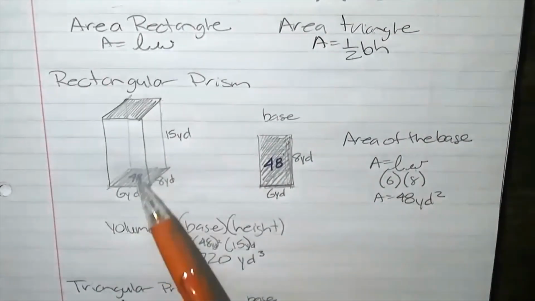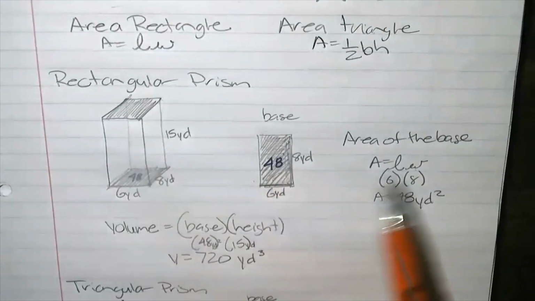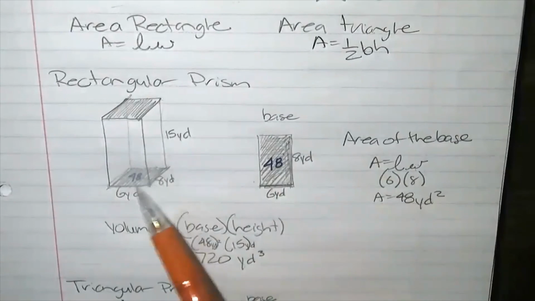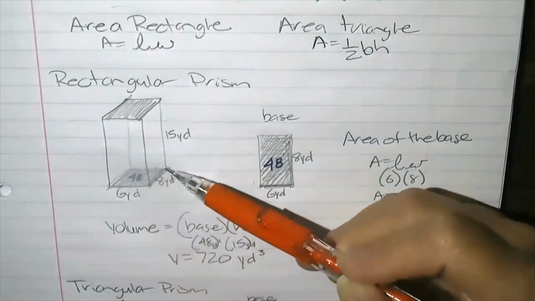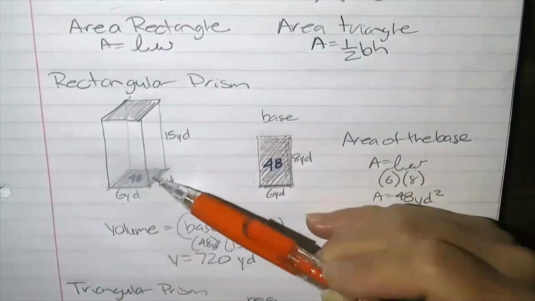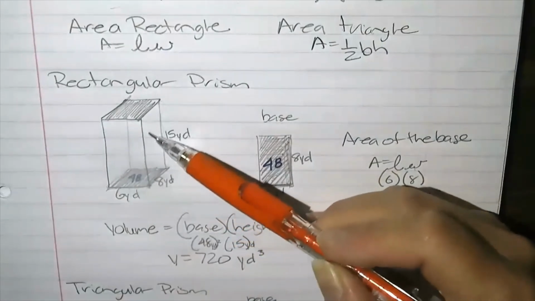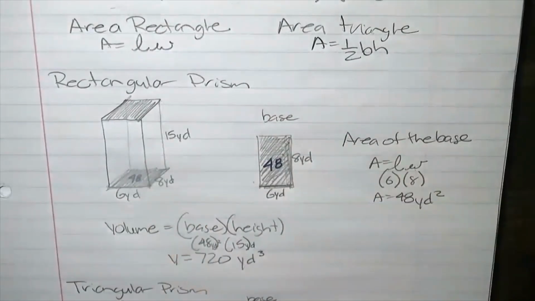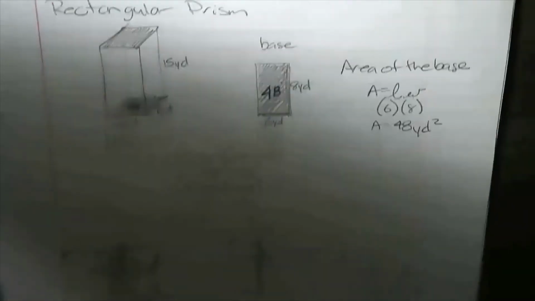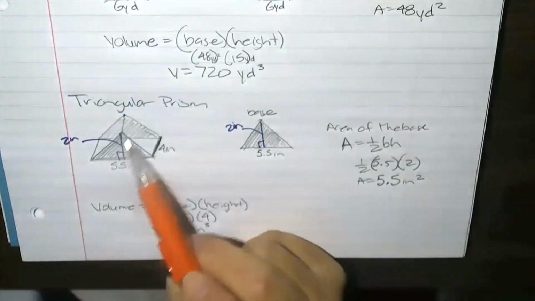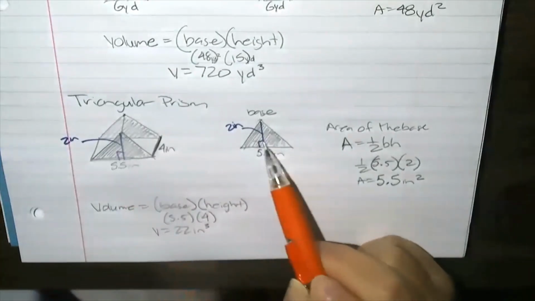So here we have a rectangular base. So the area is length times width, which is 48. We have 15 bases stacked on top of each other. So it is 48 times 15. Now, we have a triangle base. Here's a triangular prism with a triangle base.